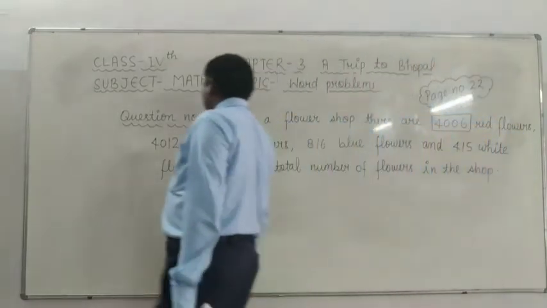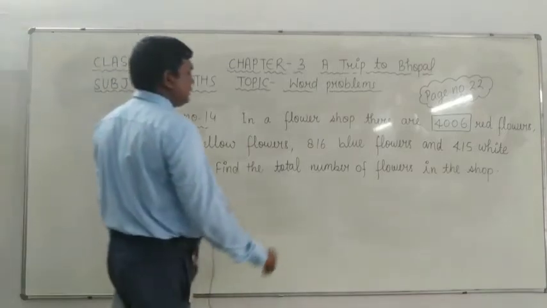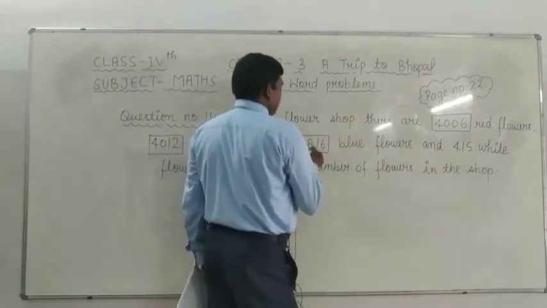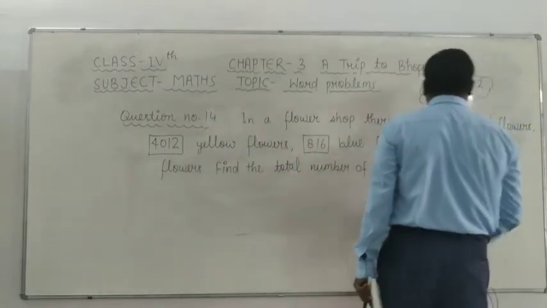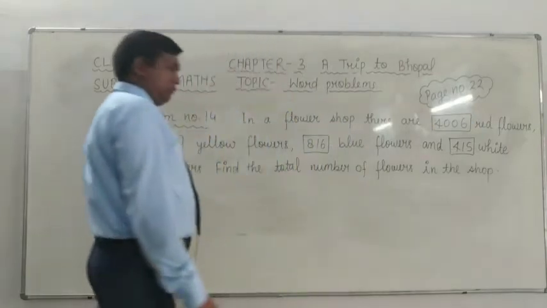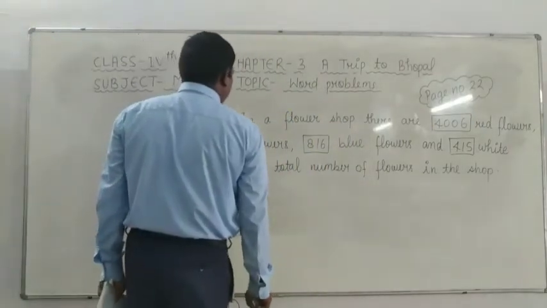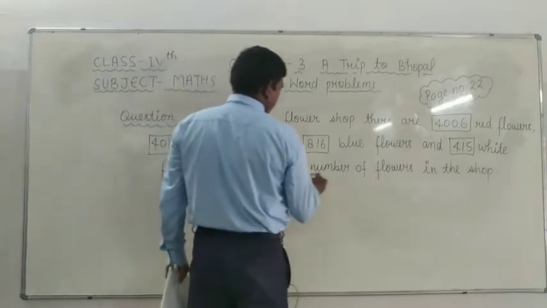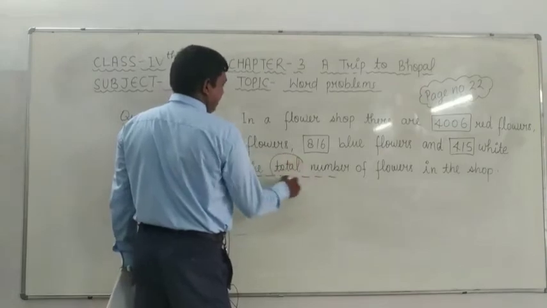Okay students, in this question it is given that in a flower shop there are 4,006 red flowers, 4,012 yellow flowers, 816 blue flowers, and 415 white flowers. And in this question we have to find the total number of flowers. Dear students, look here carefully. Here it is given total.